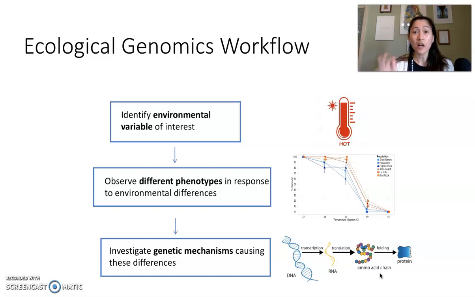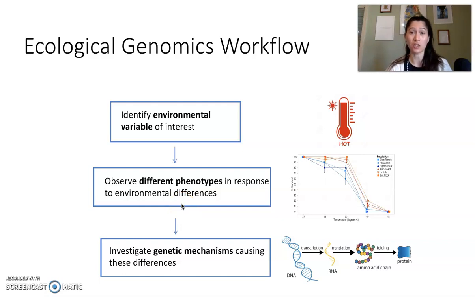So in a lot of my research, like I've talked about in some other lectures, and we've actually used some of the data, I've used some of this evidence for the genetic mechanisms. In some of my other research in my lab, we're still at these earlier stages where we're still trying to figure out different phenotypes in response to environmental differences.